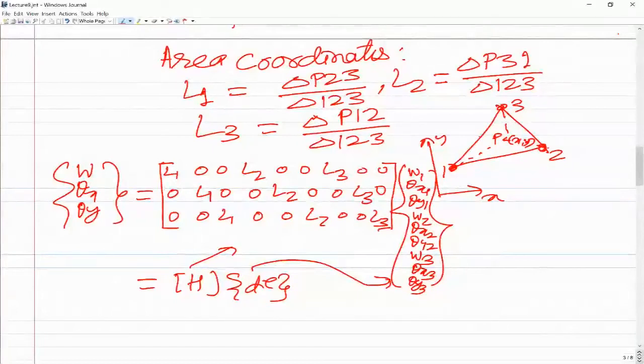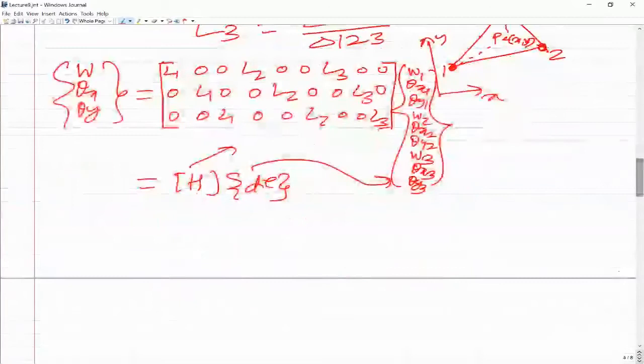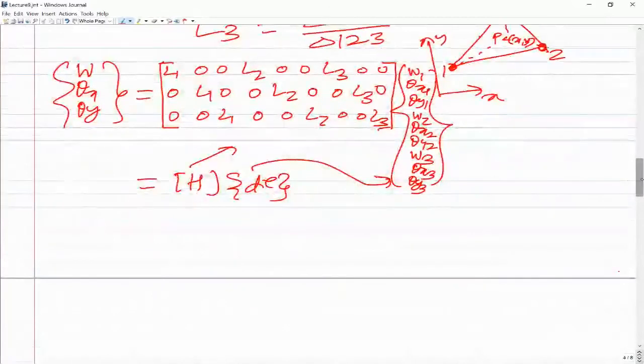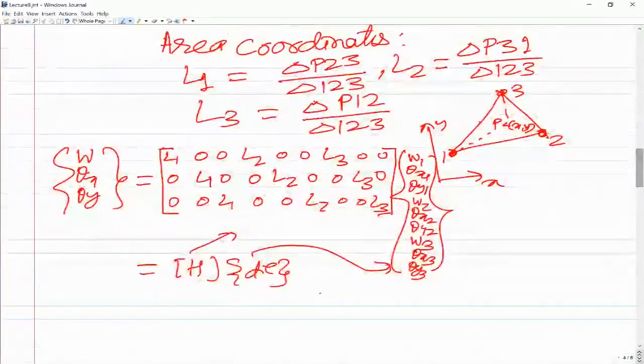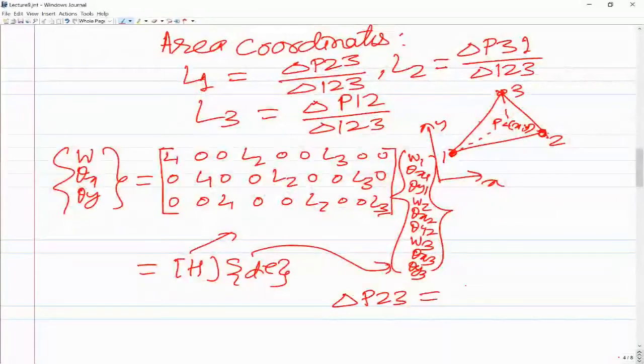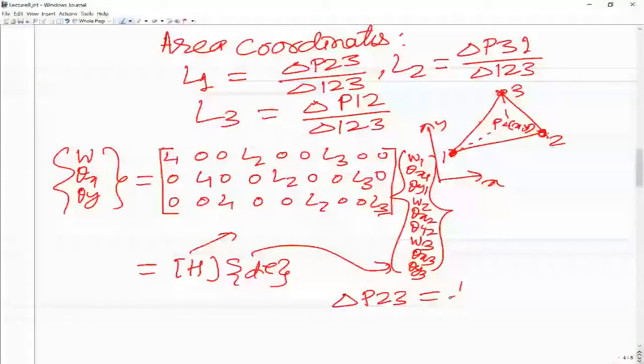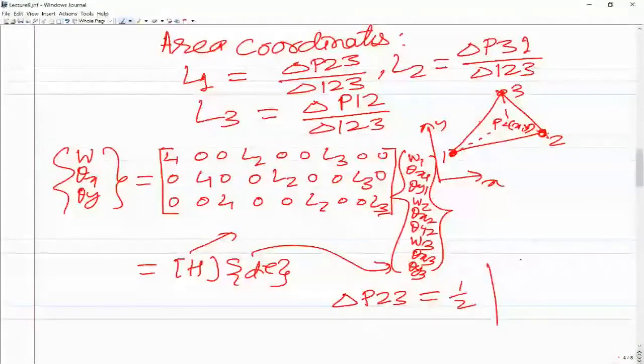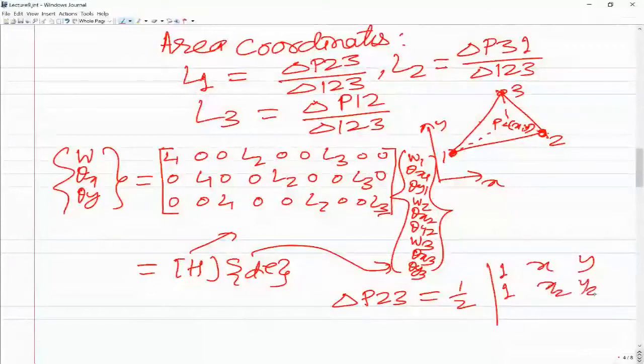For example, if you look at the areas, the area of triangle P23 can be written in terms of 3 by 3 determinants. So it would be half times the determinant with rows 1 x y, where the coordinates of P are x and y, then 1 x2 y2 and 1 x3 y3.